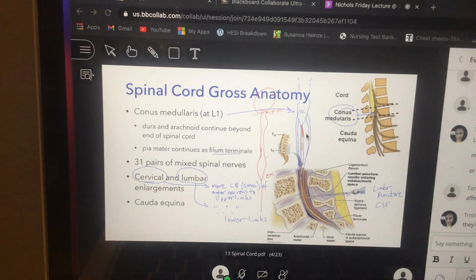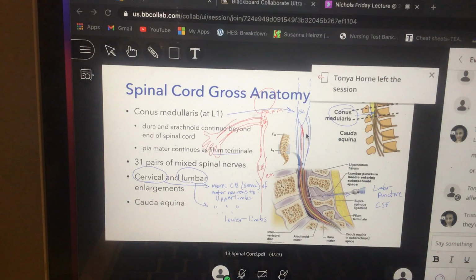But this is the cervical enlargement where the spinal cord is actually wider in your neck region, and this is the lumbar enlargement where it's actually wider in that lumbar region. And that's because it has cell bodies packed in here, I'll just draw them as little dots, of all the axons that go out to your various different muscles of your upper limbs.